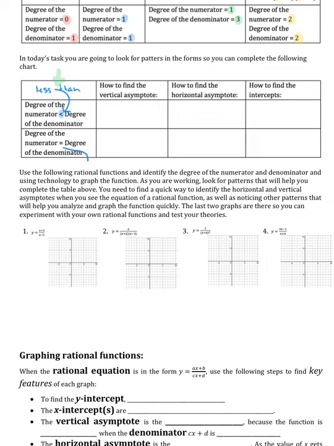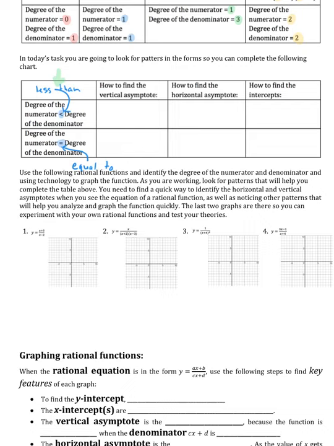And then down here, we're going to say when the degree of the numerator is equal to the degree of the denominator. Those are the two things we're going to be looking at specifically. And we're going to talk about how we find the vertical asymptote, the horizontal asymptote, and the intercepts.